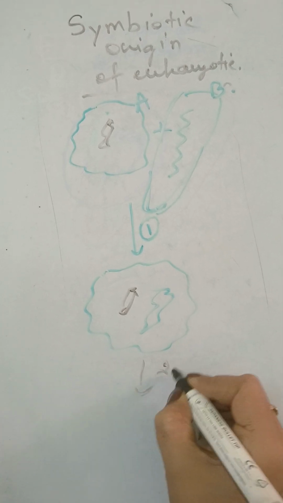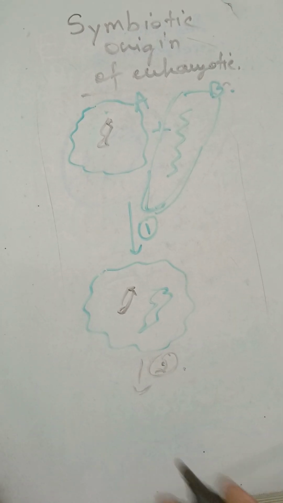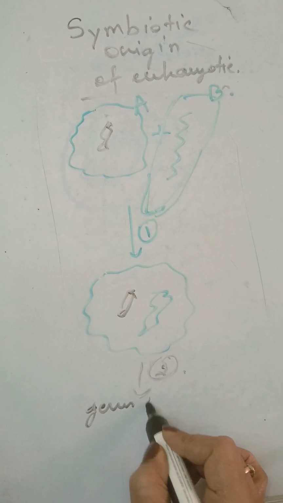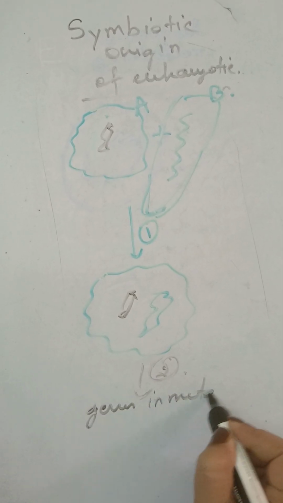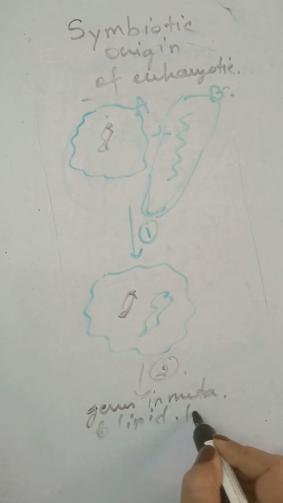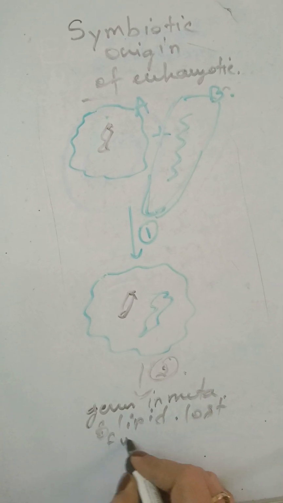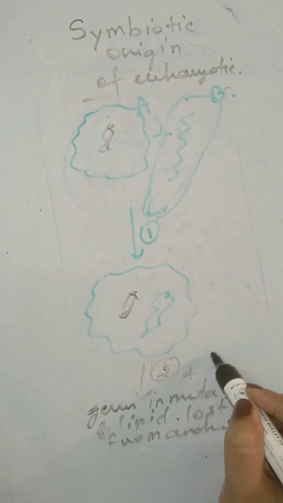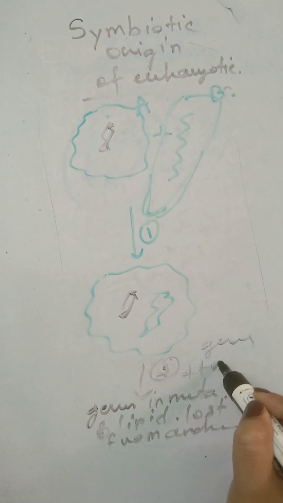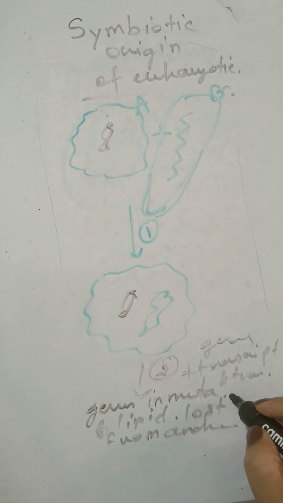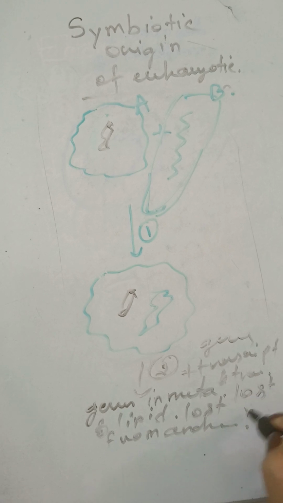In the second step, genes involved in metabolism and lipid biosynthesis will be lost from archaea, and genes for transcription and translation, meaning RNA and protein synthesis, will be lost from bacteria.